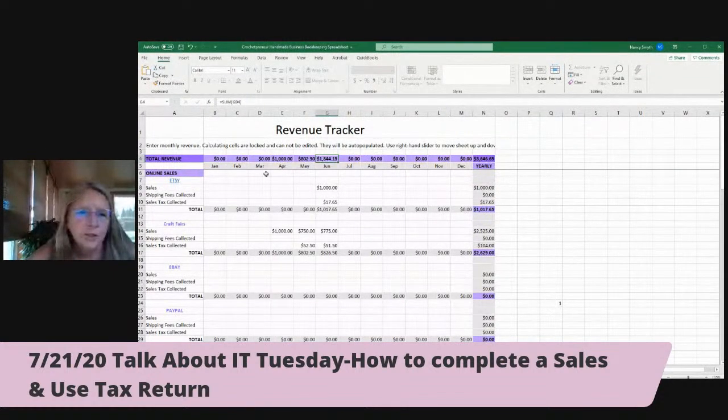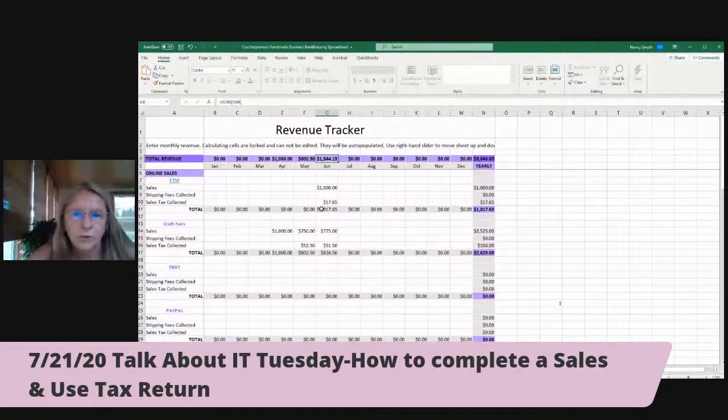For one, this spreadsheet adds in to revenue your sales tax that you collect. Sales tax is not your money.